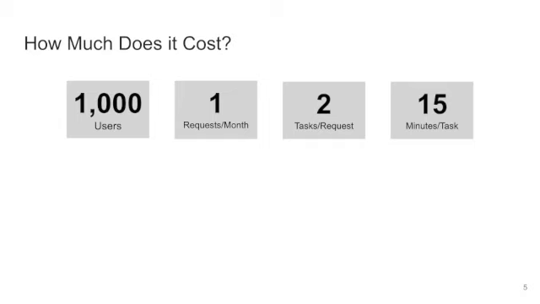Whenever someone needs access to customer data, we need to complete or implement two tasks. One is granting the access, and the second is revoking the access. And let's just say that it takes, on average, 15 minutes to do that. I think that's also kind of modest, not counting the back and forth and the discussions.